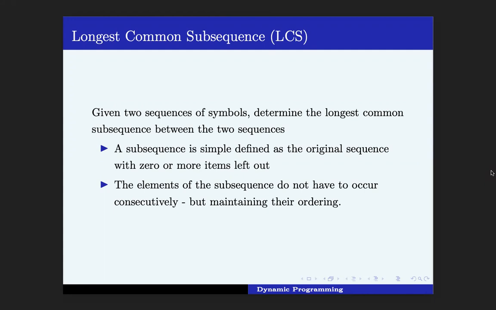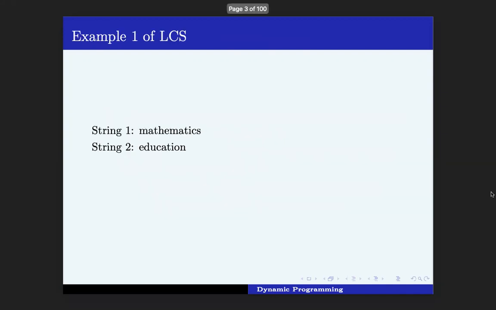But this is called longest common subsequence, meaning that you have two sequences of, say, integers or English alphabets, and you want to find the longest common subsequence. Here is a string mathematics and here is a string education. What is the longest common subsequence between these two?